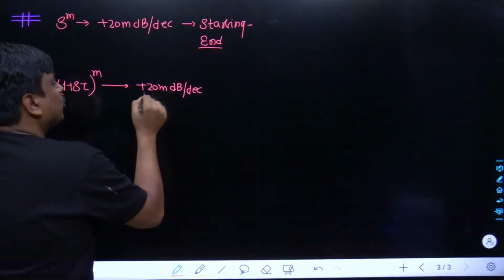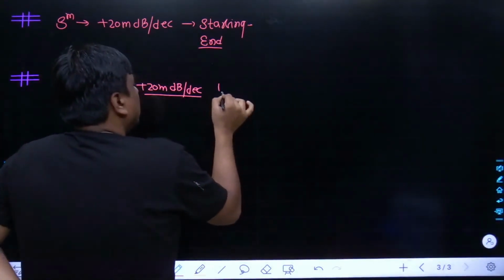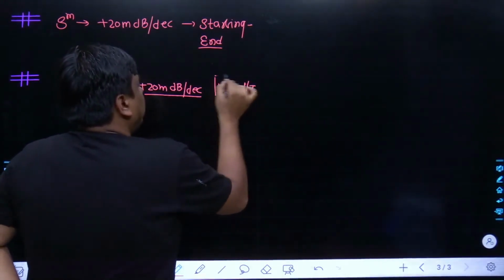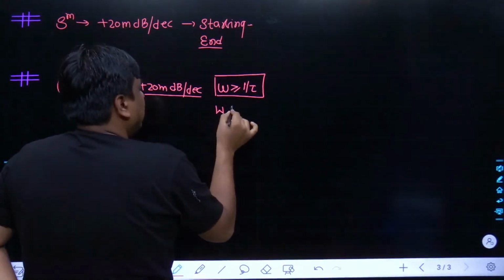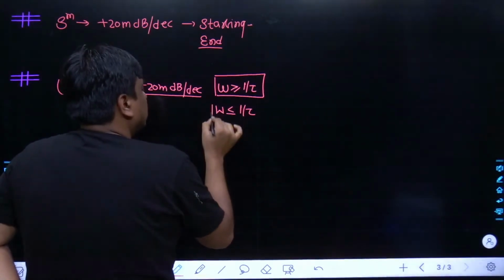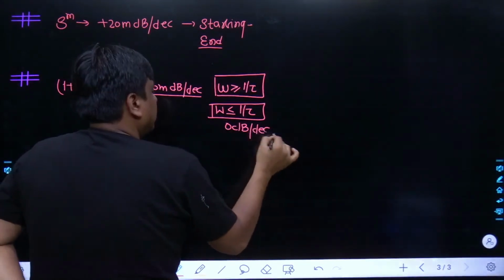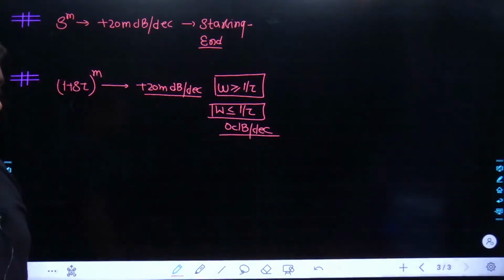May I know from where the slope would start? The slope would start from omega greater than or equal to 1 upon tau, and if you take omega lesser than or equal to 1 upon tau, the slope would simply be 0 dB per decade.